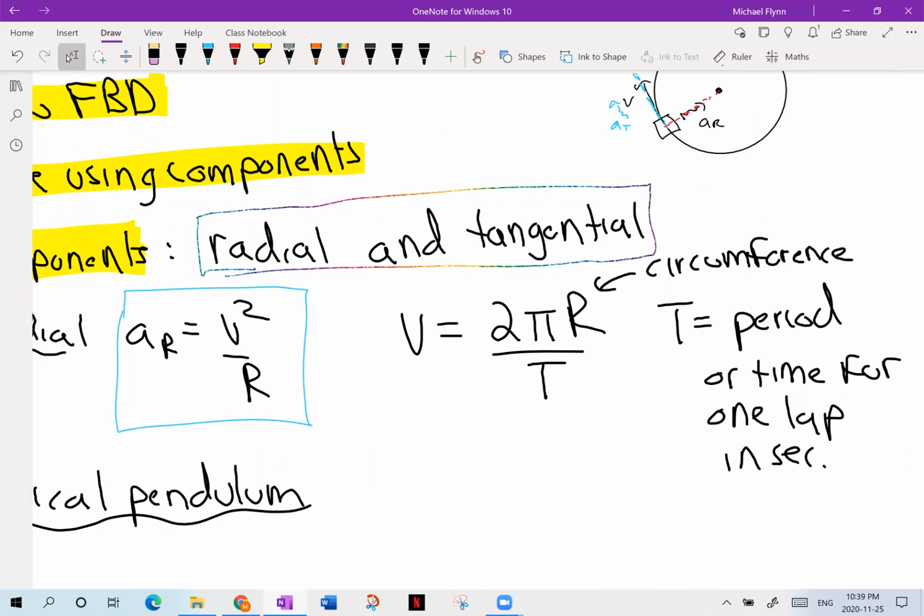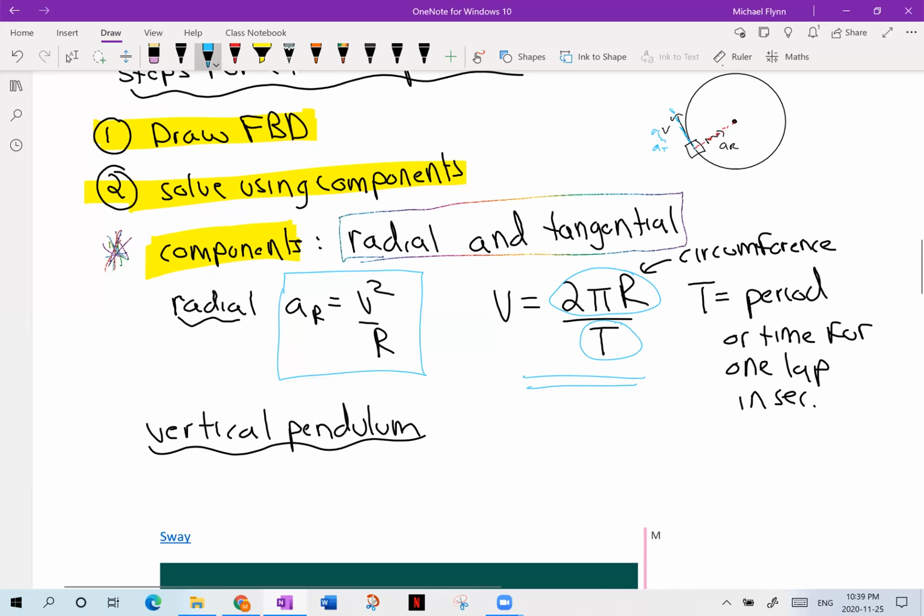So we're going to substitute v squared over r, where v is the speed and r is the radius. And to get the speed, well, if something's going around the circle at a constant speed, if we just go circumference of the circle divided by time for one lap, okay, that will equal the speed. So this is a very useful way of finding speed, okay, if they give you the time for one lap.